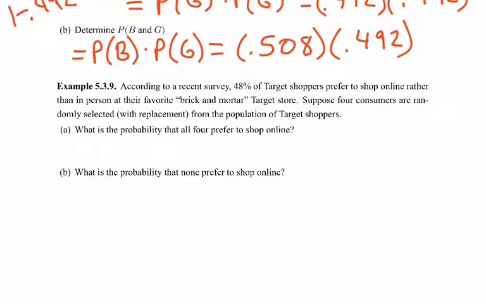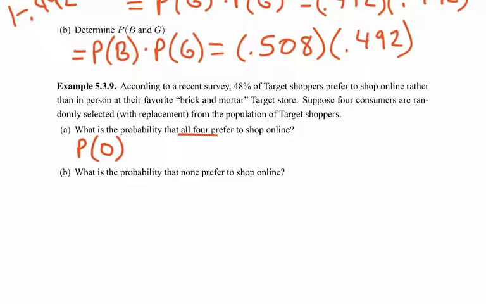What is the probability that all 4 prefer to shop online? Are the 4 people independent? Assuming they don't know each other, they're not related, they're not friends or neighbors, it's a random sample, so randomly selected people, we can assume independence. So that would be the probability that the first person prefers to shop online, and I'm using O for online, and the probability that the second person shops online, and the third, and the fourth.